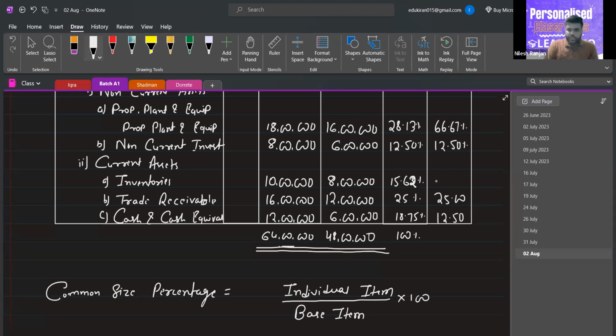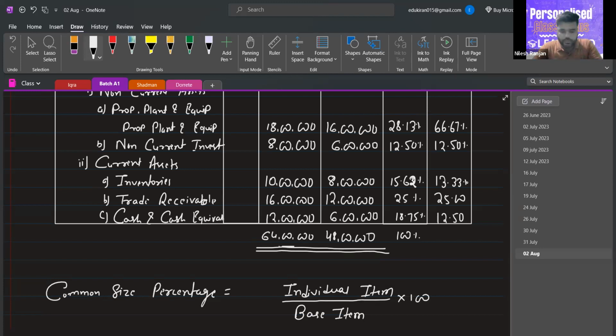Now it will be 13.33%, I think so. Let me check.